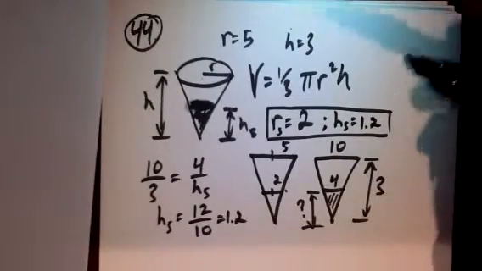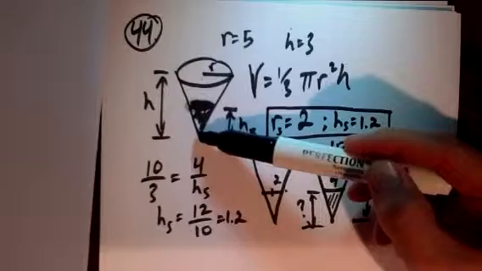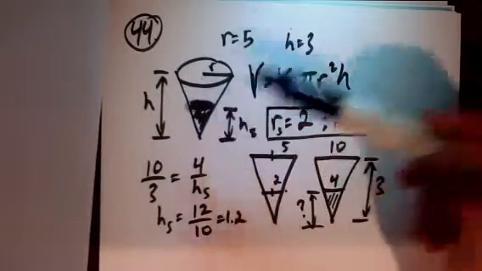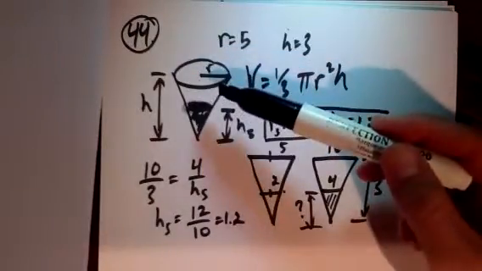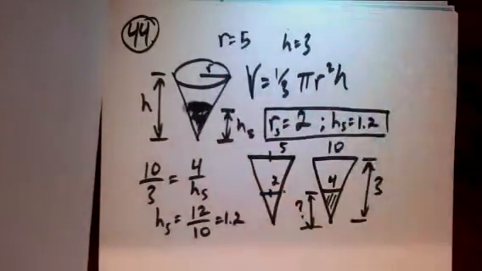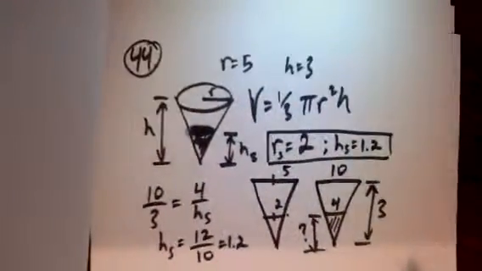So overall, our plan at this point is to find the volume of the big right circular cone, the volume of the small right circular cone, and subtract the two. That'll give us the volume of this middle space. So let's go ahead and do that. Get out a new piece of paper here.